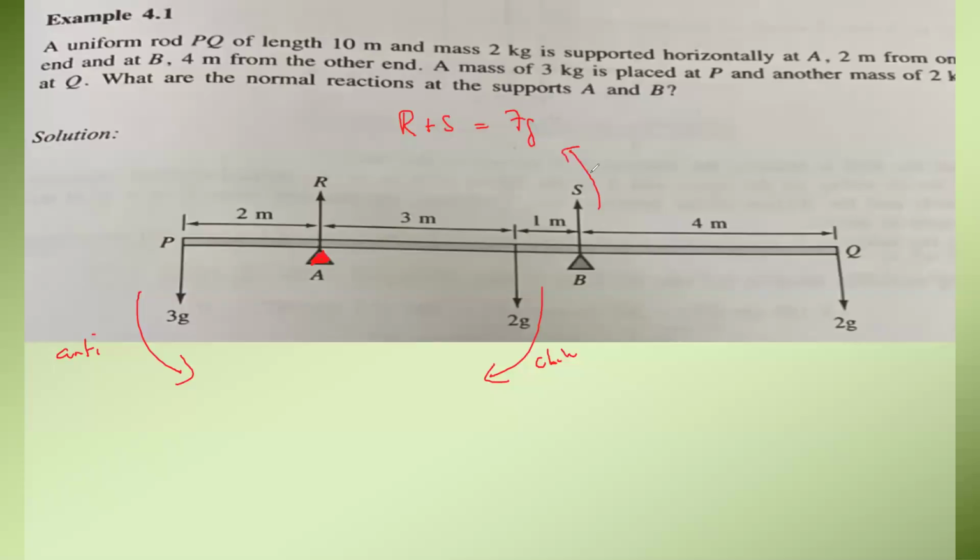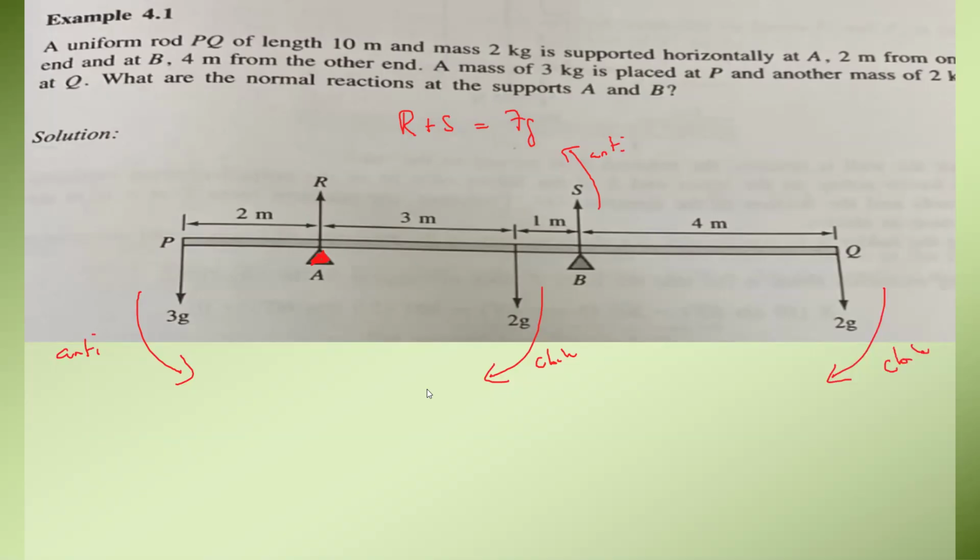Force S will cause an anti-clockwise turning effect. And force Q will cause a clockwise turning effect.